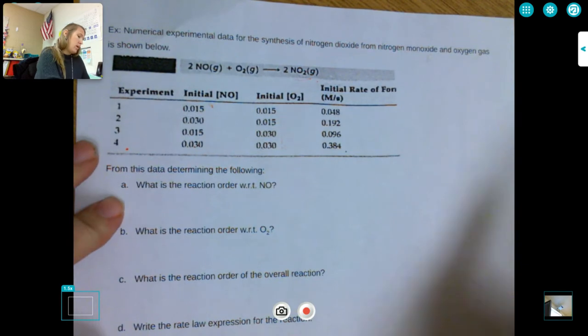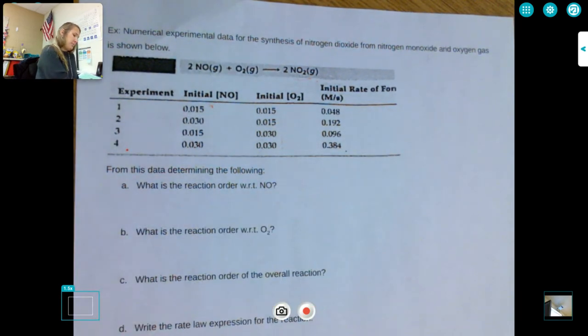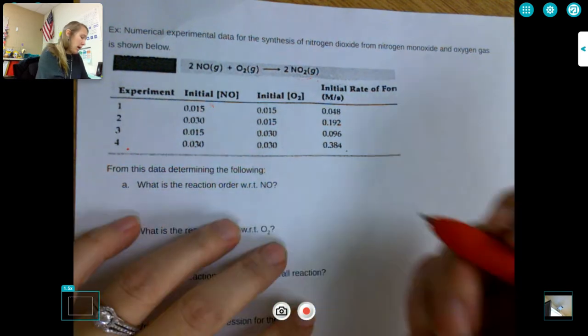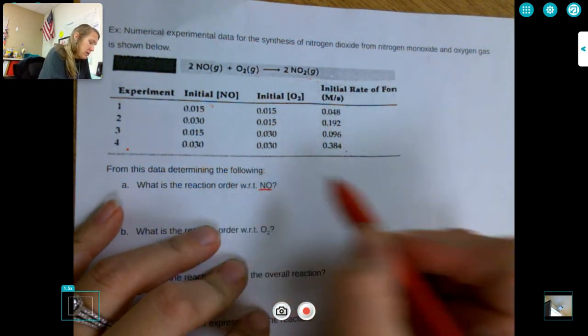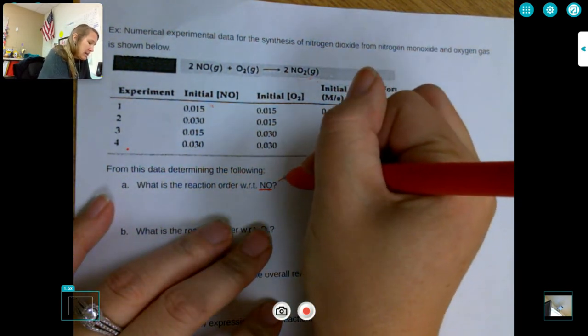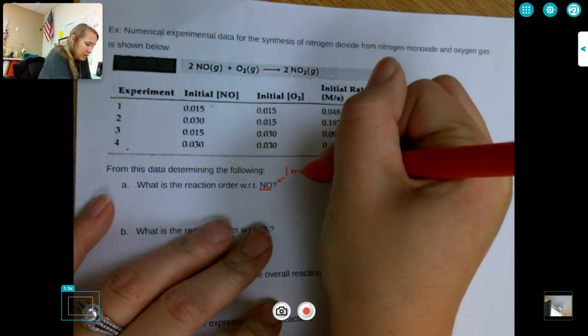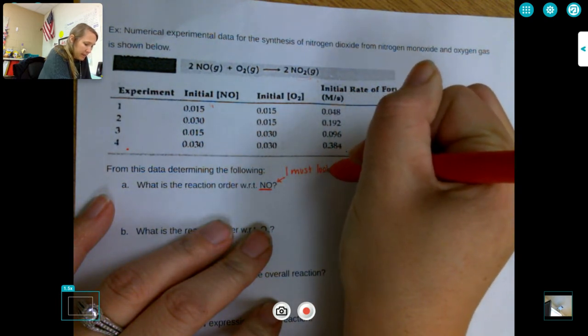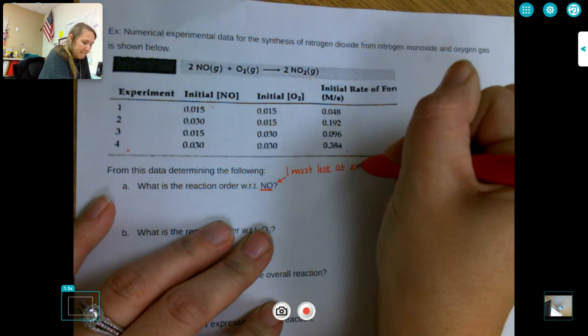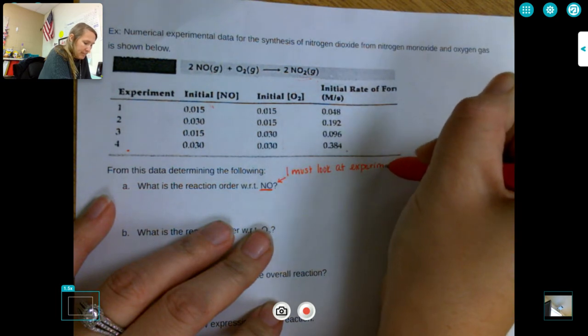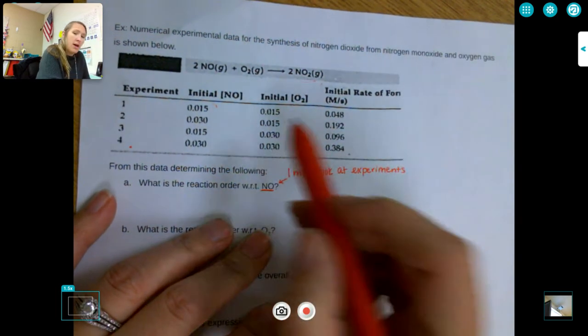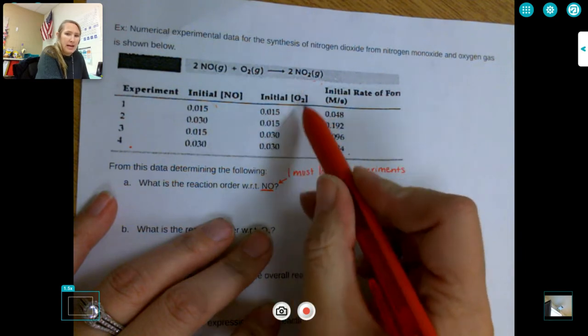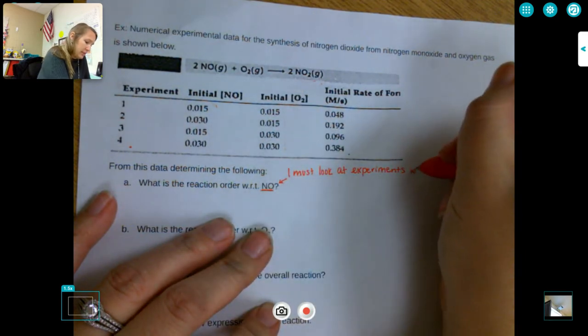If I'm looking at a reaction and I want to know what my reaction order is with respect to nitrogen monoxide, and I'm looking at what happens when I change nitrogen monoxide, that means that I must look at experiments where the other thing is held constant, so where my oxygen is held constant.